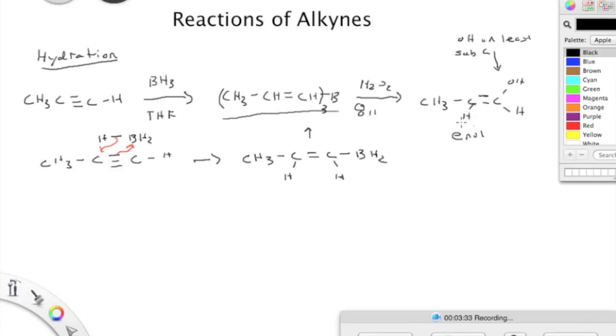Now, the next thing that we have to note is, of course, as we discussed in the last one, this is not your final product. Your final product is going to be a tautomerism, and so if your alkyne is a terminal alkyne, i.e. at the end, you're going to end up with this aldehyde as your final product.